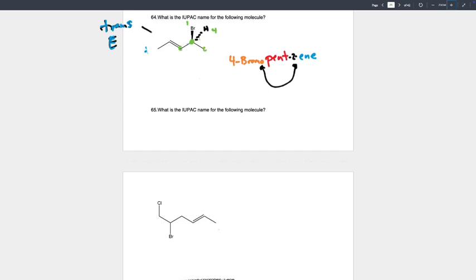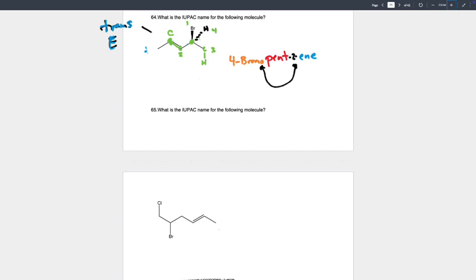Is there a difference in atomic mass? Not carbon versus carbon. So what do we do? Look at what it's connected to. I move one atom further away, I encounter a hydrogen, whereas in the other case I encounter a carbon. Carbon has a higher atomic mass than hydrogen, which means this carbon gets a 2, this one gets a 3.